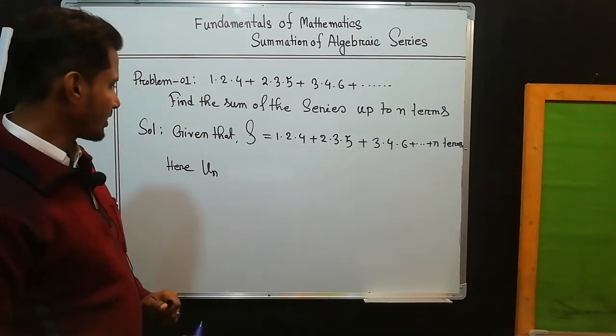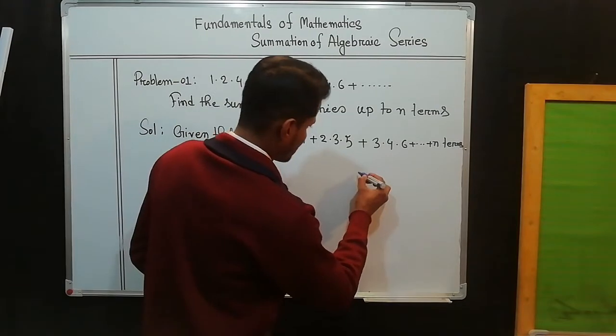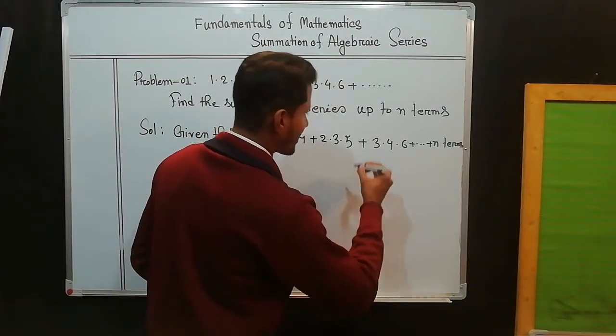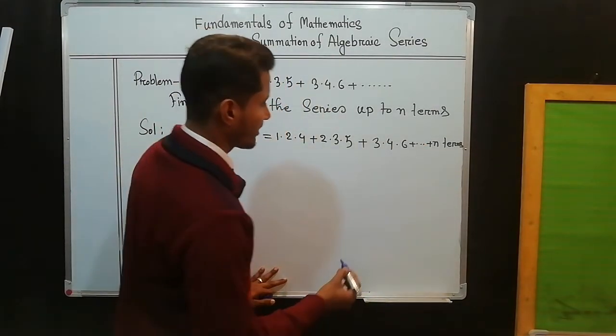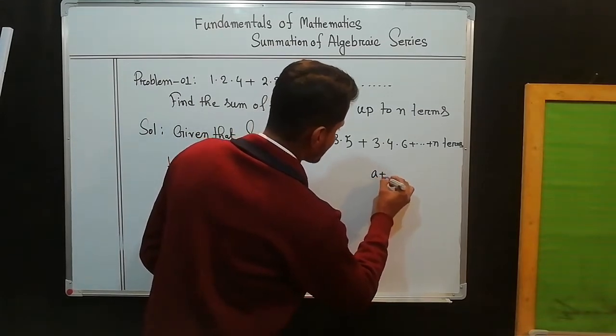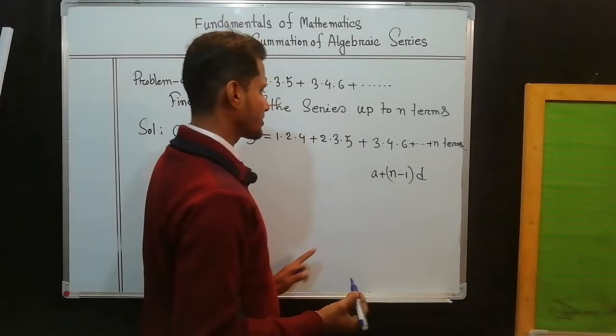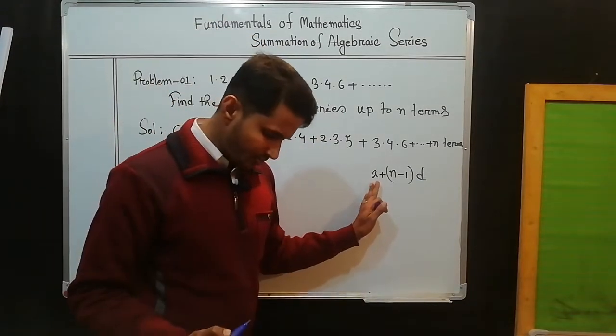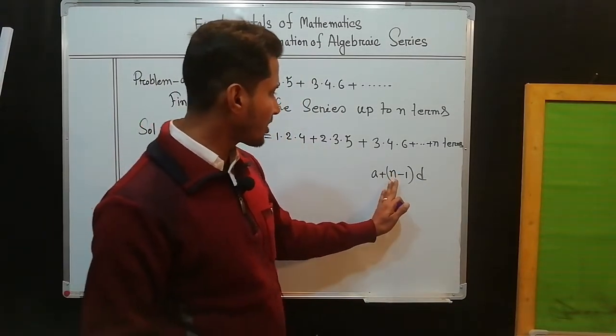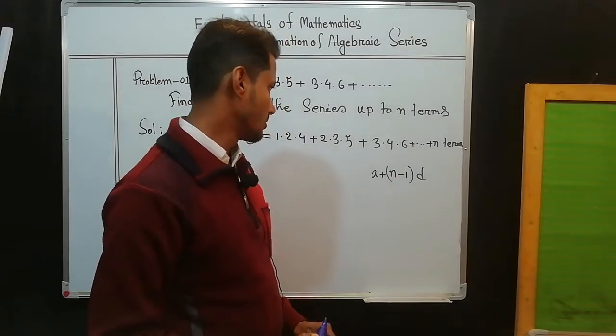We know that the nth term is written, from lower class or secondary level, as a plus (n minus 1) into d. Here a is the first term, n is the number of terms and d is the difference.